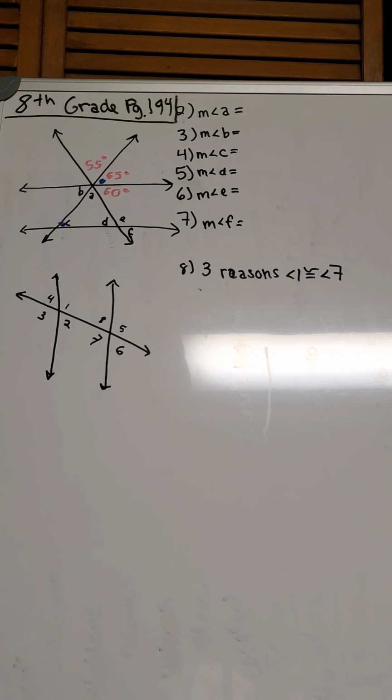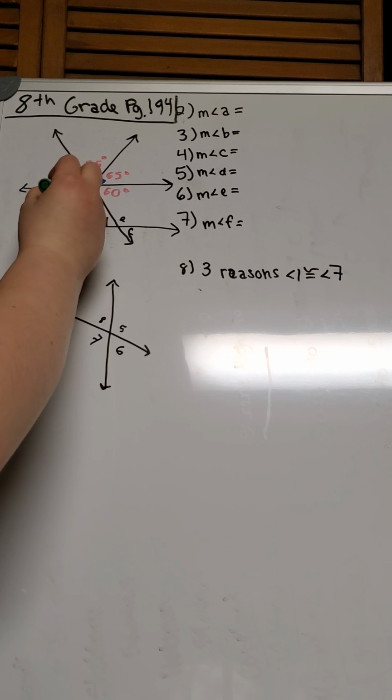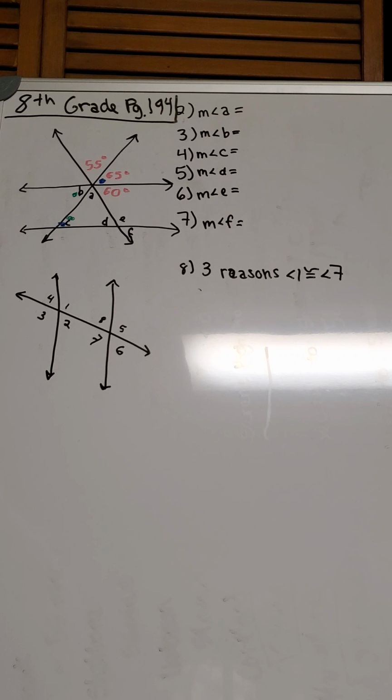A pair of alternate interior angles would be angle C, with a green dot now, and angle B. They're on opposite sides of the transversal, and they're inside the two parallel lines. Corresponding angles and alternate interior angles are congruent.